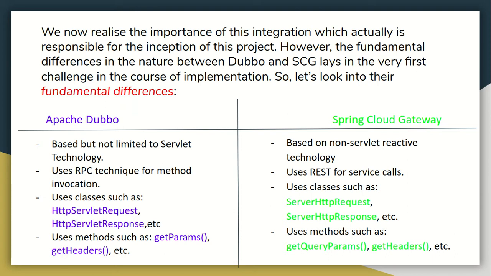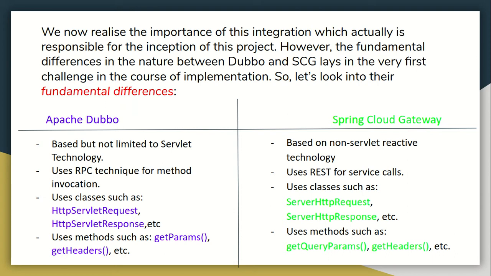Dubbo uses RPC, Spring Cloud Gateway uses REST, and along with that, the use of classes is also different. Dubbo uses the servlet request class to retrieve information from the browser or from the client, whereas Spring Cloud Gateway uses ServerHttpRequest. So the very fundamental difference in the architecture of these two softwares brings in a whole lot of hitches during the execution.